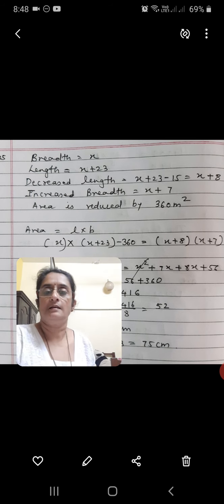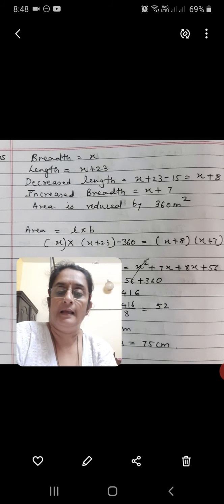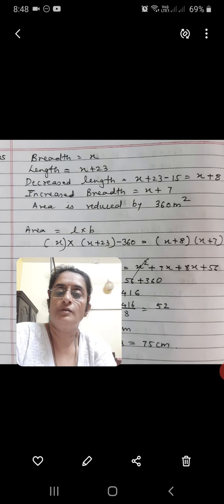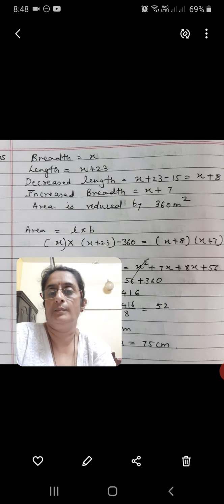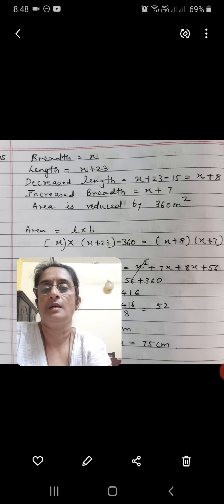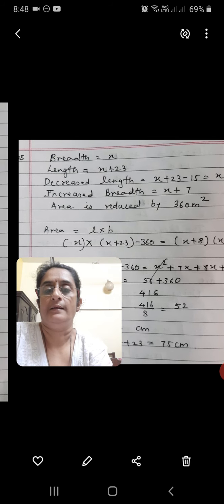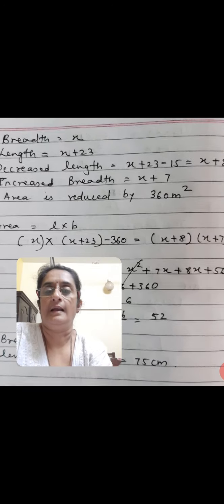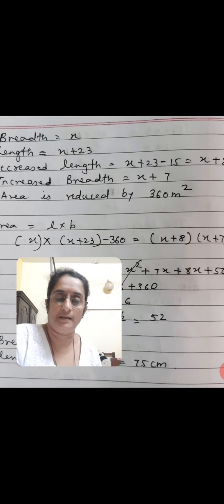Now listen children, breadth and length are not given, but the relation between them is given. A rectangular plot is there, breadth we are going to consider as x, and the length is always greater than the breadth, so it is 23 more than the breadth, so length becomes x plus 23.